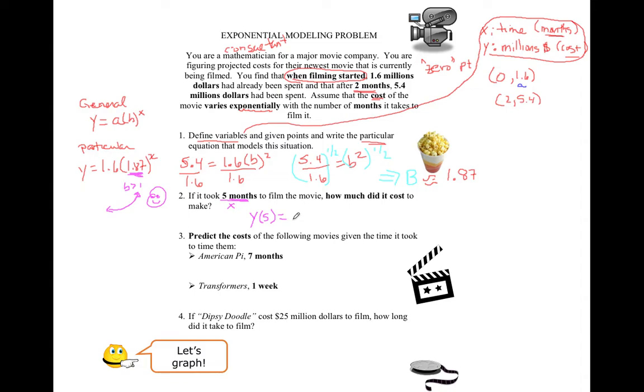Use alpha B raised to the 5th power. And you get 33.5-ish units. $1 million to make a movie that costs 5 months to film.